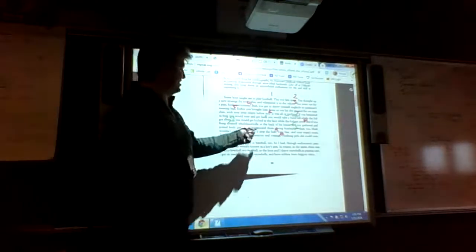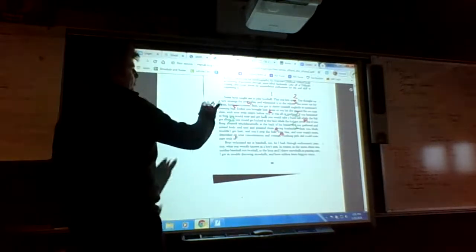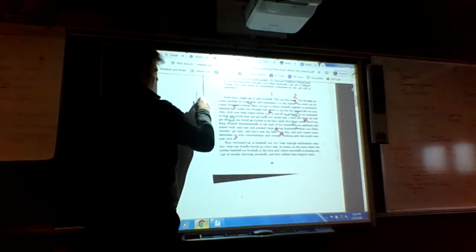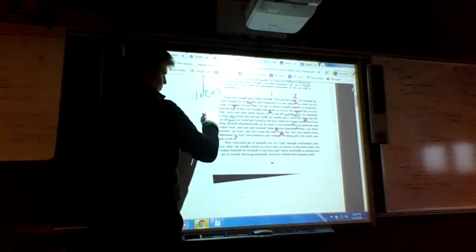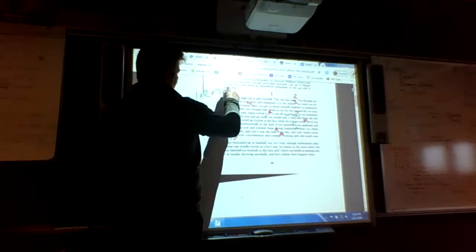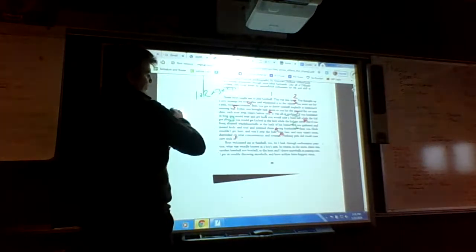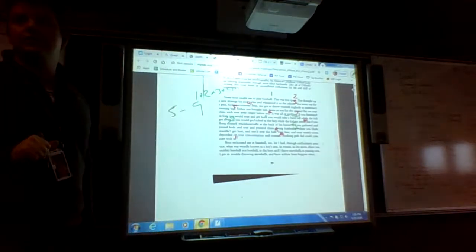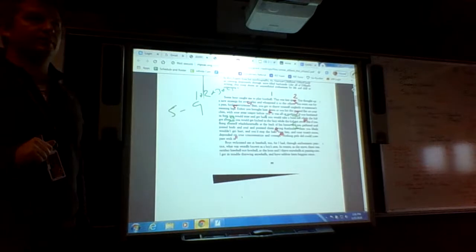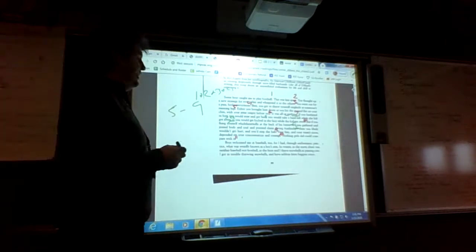Is sentence 9 talking more about sentences 1, 2, 3, and 4, or is it talking more about 5 through 9? Sentence 9 or 10? Oh, sentence 10.